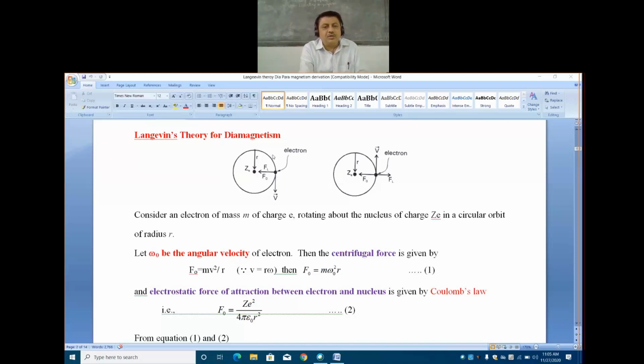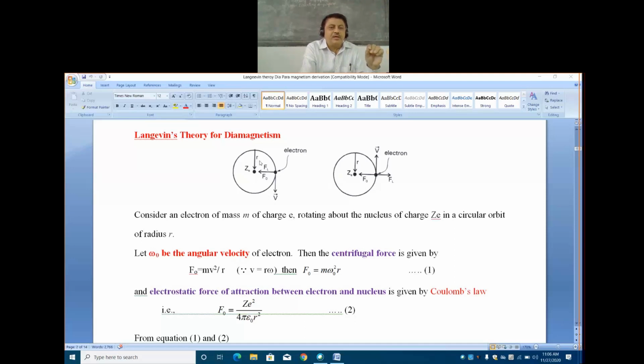The electron is revolving around the nucleus, and you know that the nucleus is positively charged, so there is Ze. Ze is the charge on the nucleus, Z is the number of positive charges, and e is one unit of positive charge. So the charge on the nucleus is Ze, and the electron is negatively charged.